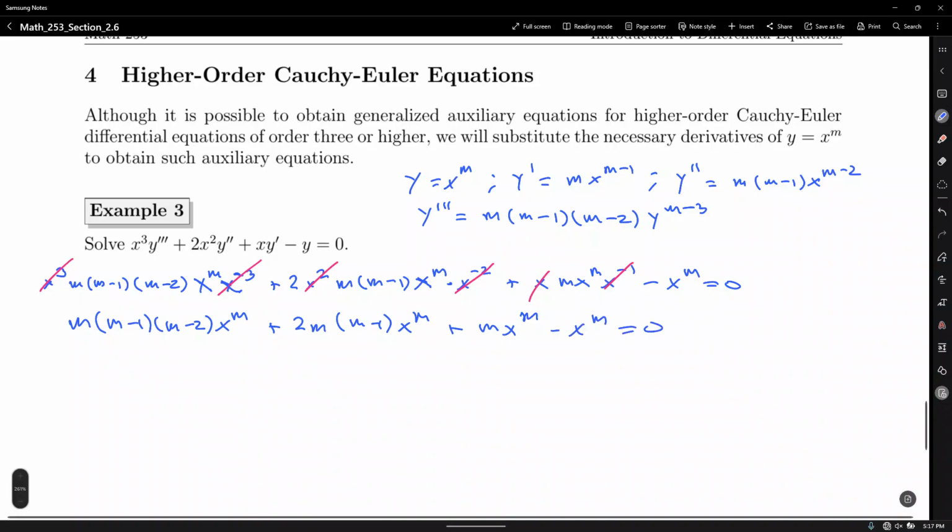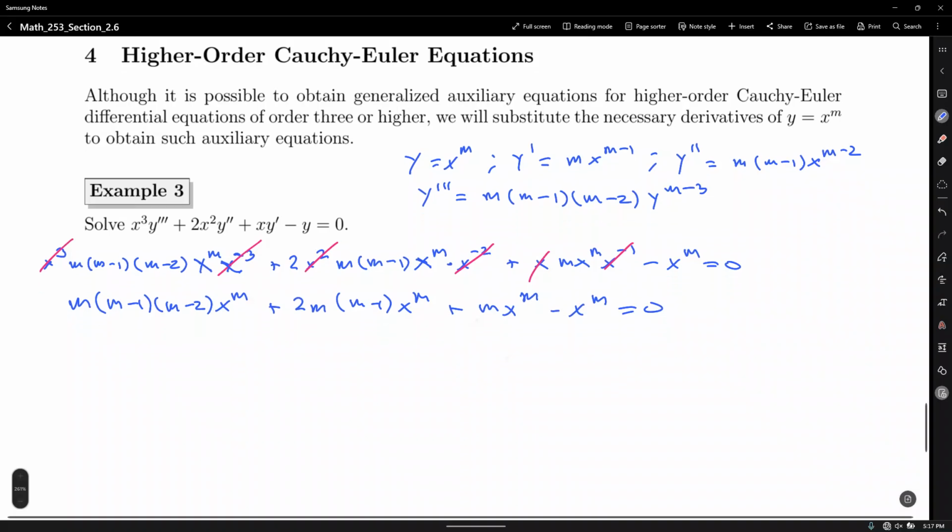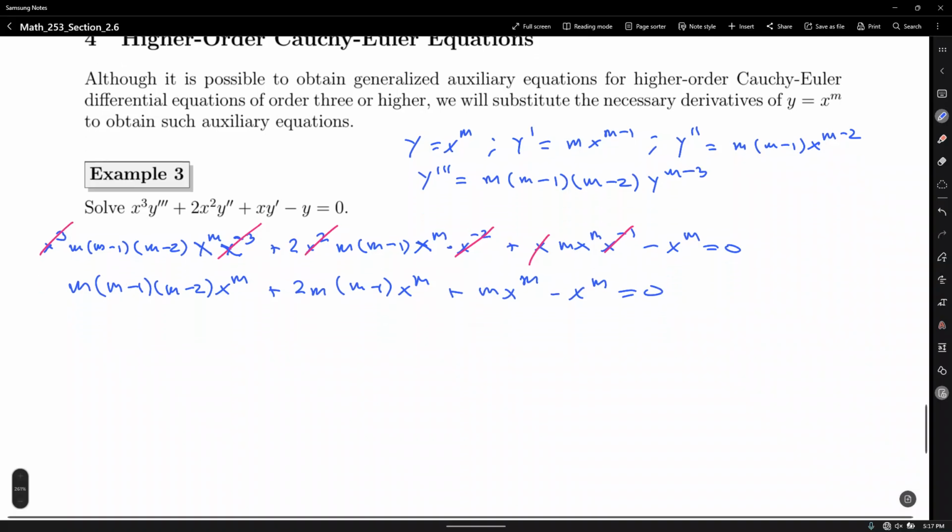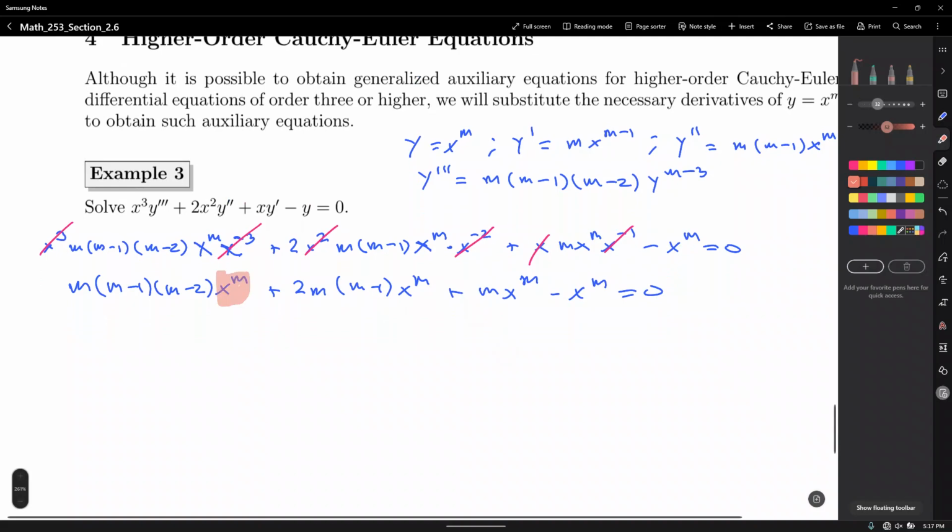At this point, guys, it would be a good idea to factor out x to the m. Let me highlight it so you can see how this is going to work. At the same time, I'm going to expand this product of binomials, so I'm doing two things in one shot.